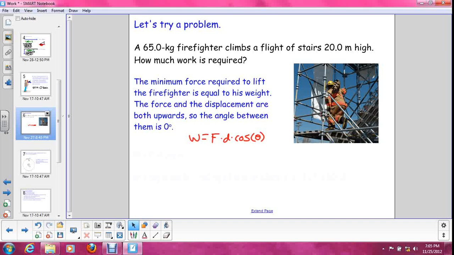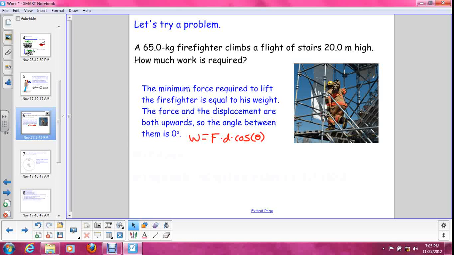And remember, weight is the amount that gravity pulls down on a mass. So his weight is going to be his mass, 65 kilograms, times the acceleration due to gravity.